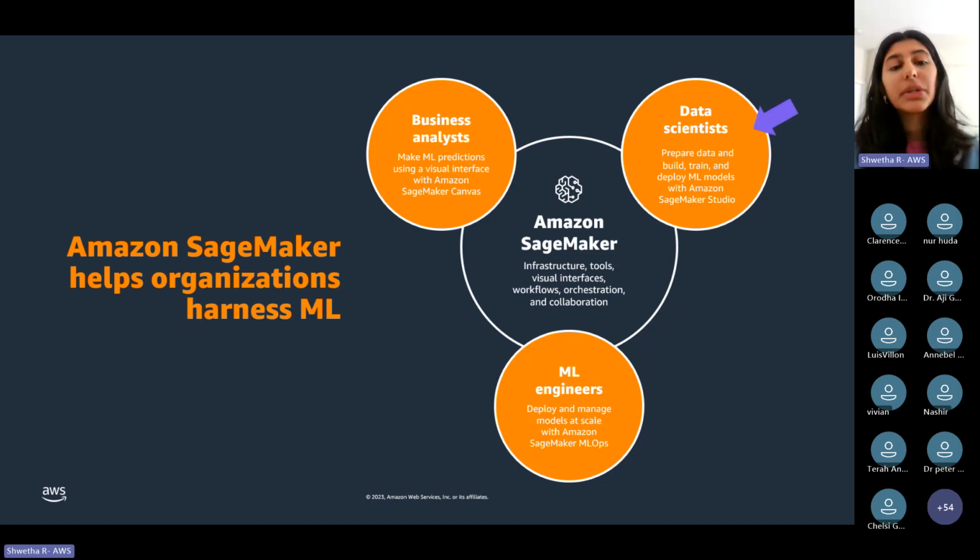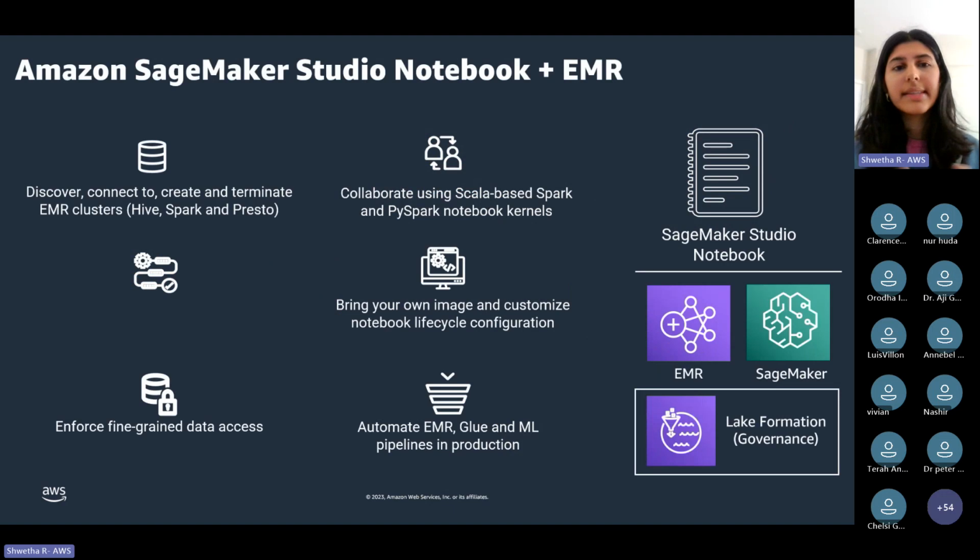When it comes to integrating EMR with SageMaker Studio, you're really able to discover, connect to, create, and terminate your EMR clusters. You're also able to bring your own image and customize the notebook lifecycle configurations. Enterprises want to be able to centrally administer data access controls, and you can use data governance tools like AWS Lake Formation to not only do analytics, but do machine learning, side by side concurrently, so that you don't have to do one and the other.